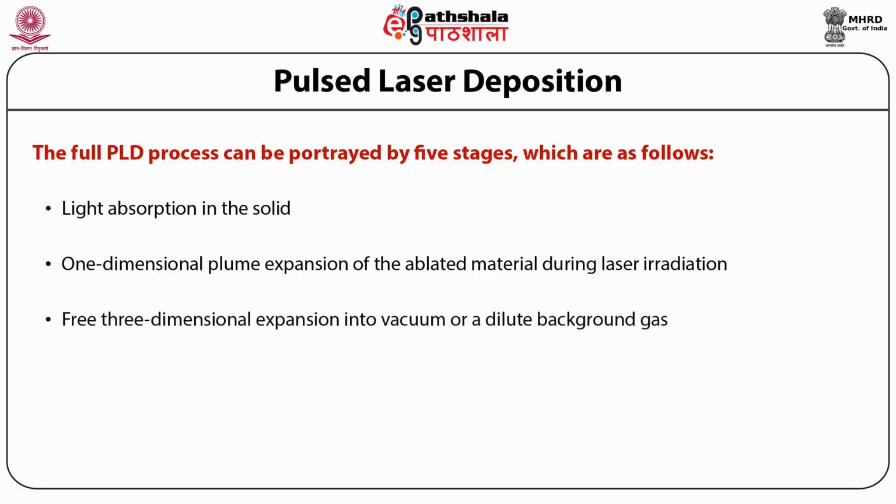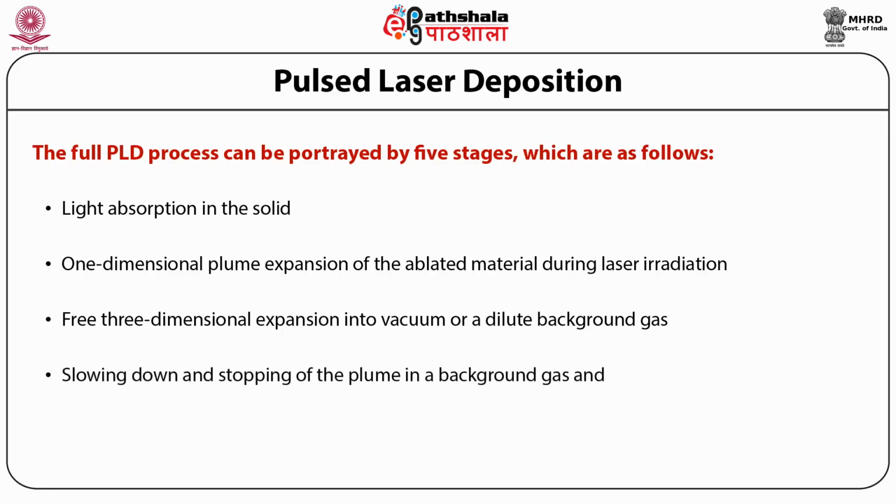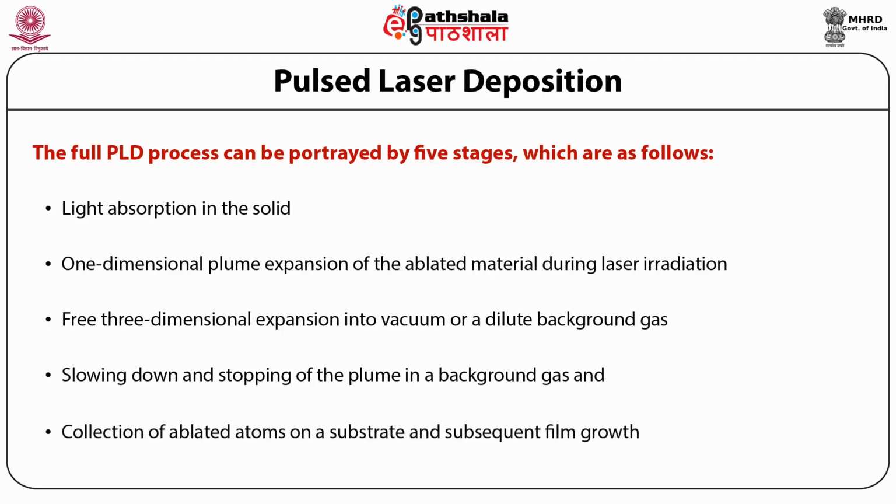Third is the free three-dimensional expansion into vacuum or a dilute background gas. Fourth is the slowing down and stopping of the plume in the background gas. The fifth stage is the collection of ablated atoms on a substrate and subsequent film growth.